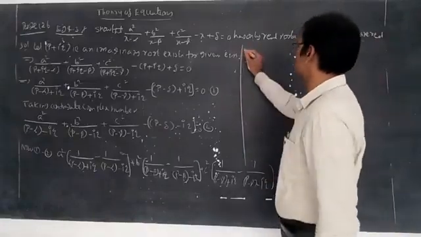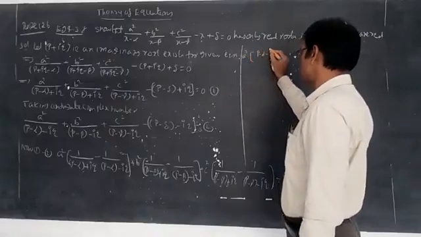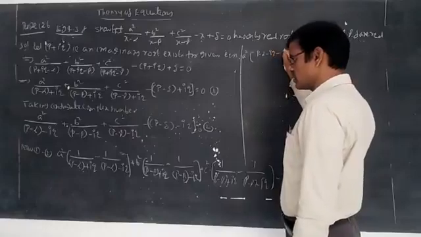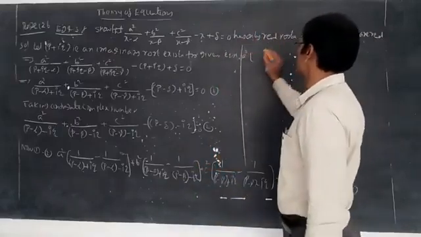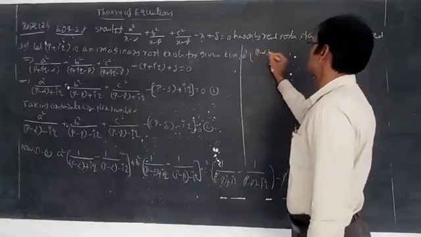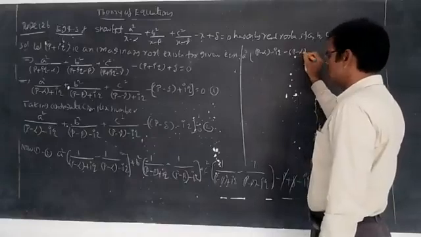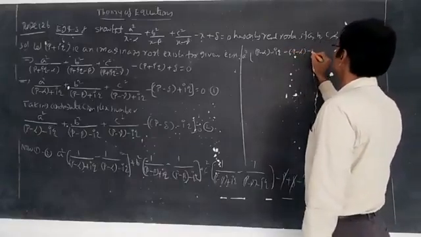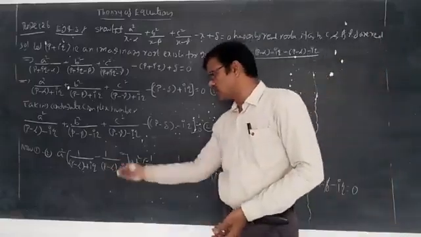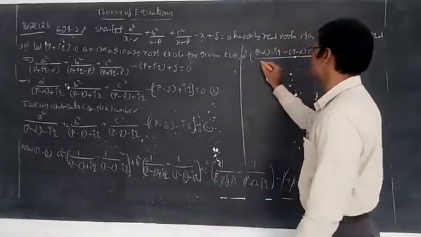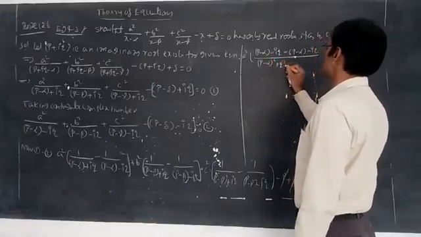One thing you can understand here: a square into p minus alpha plus iq minus of p minus alpha minus iq, whole by, using the formula a plus ib into a minus ib equals a square plus b square, p minus alpha whole square plus q square.